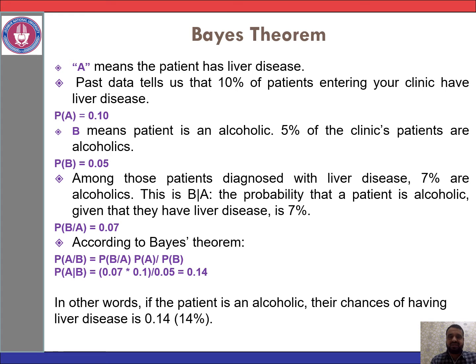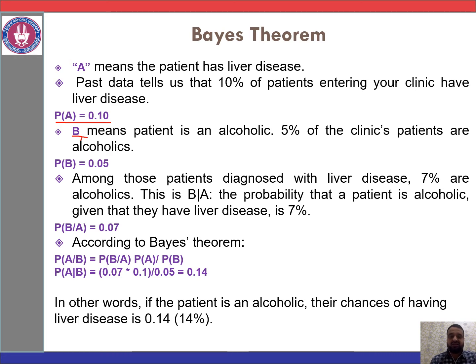Suppose A represents the patients who have liver disease and B represents the alcoholic patients. Now the past data tell us that 10% of the patients who are visiting the clinic have liver disease. So we can say that the probability of the liver patients is equal to 0.1, and 5% of the patients who are visiting the clinic are alcoholic.